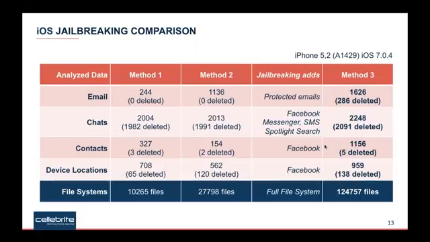So what's most important is that the file system has been extracted in full. You get 124,000 files, which is significantly more than before, and you're essentially able to dig deep into it and look for log files, cache files, third-party applications that might not be decoded, but it gives you full power to go through everything, and ultimately this is the best that you will get out of an iOS device.